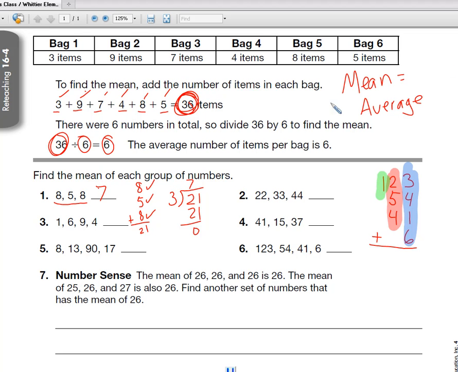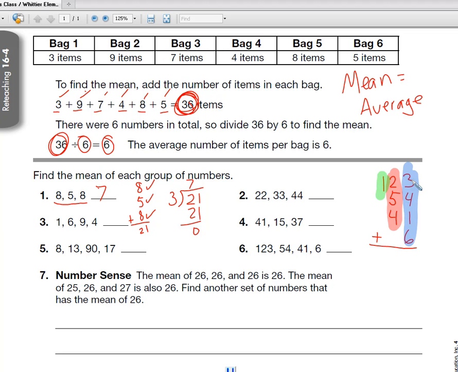If you just write those numbers down willy-nilly, 123, 54, 41, 6, when you add those numbers up, you're going to get a totally off-the-wall answer. So please, when you add these up, be very careful that all the ones go in the ones place, the tens go in the tens place, and the hundreds go in the hundreds place.